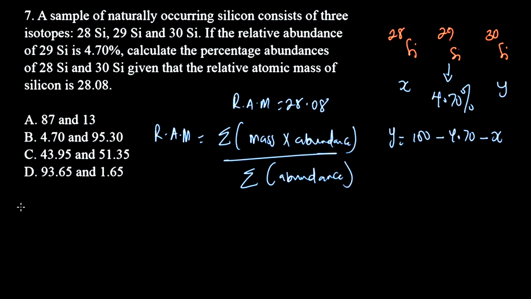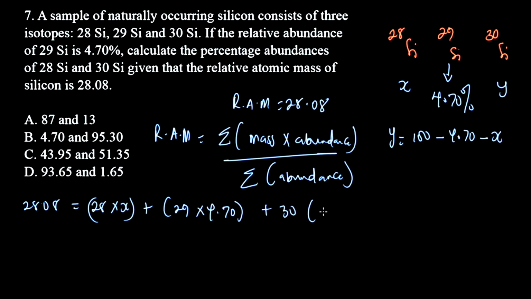So 28.08 equals 28 times X plus 29 times 4.70 plus 30 times the bracket of 100 minus 4.70 minus X. That is mass times its abundance for each, everything all over 100.